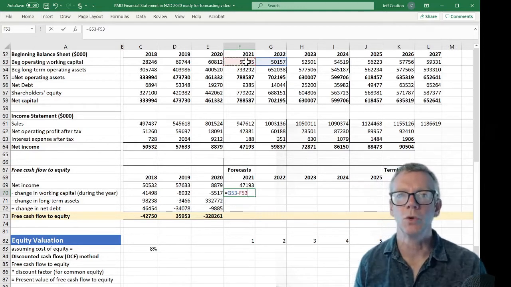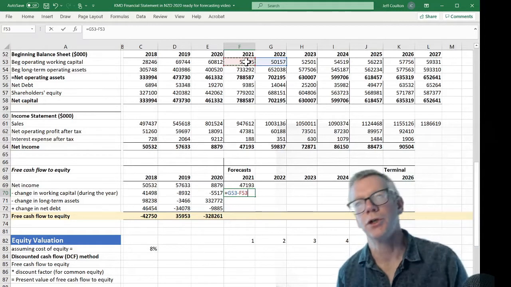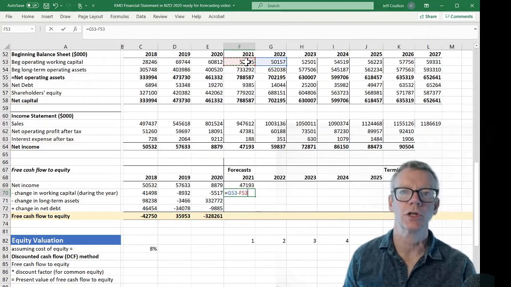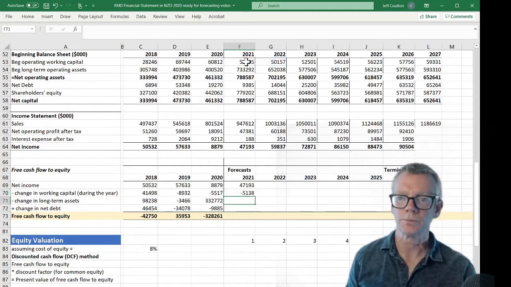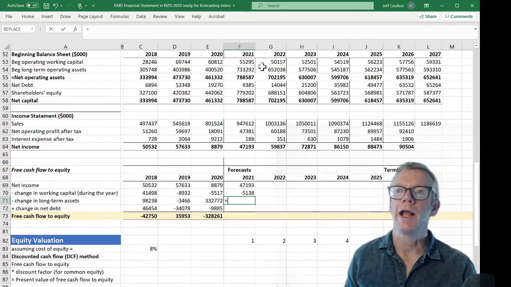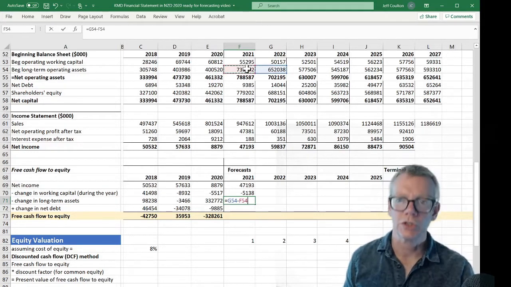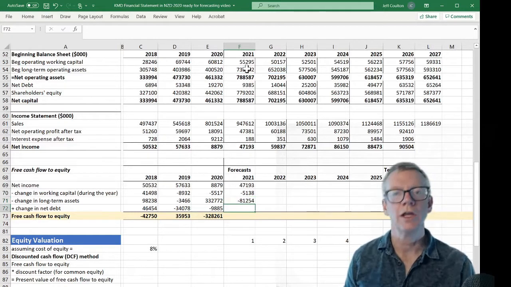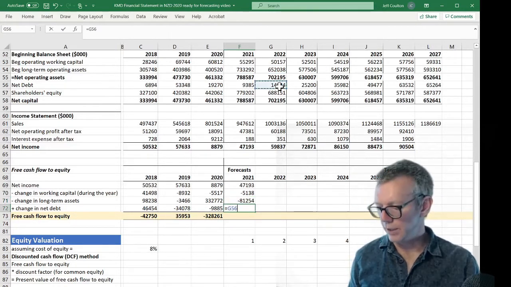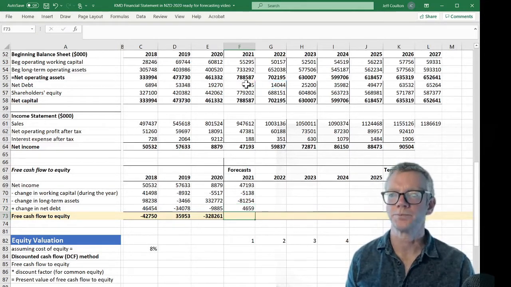So remember that because we're using beginning of year balance sheet amounts, I need to go forward a year to pick up the change in balance sheet amounts over the course of the year. I'll do the same thing for long-term assets. So end of year long-term assets minus start of year long-term assets. And the same again for net debt. End of year net debt minus start of year net debt.